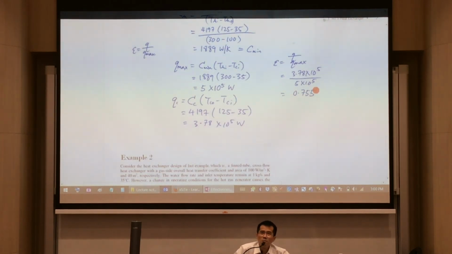This effectiveness number is more or less the kind of effectiveness you could expect from a heat exchanger. A heat exchanger is considered effective enough for heat exchanging work. So 0.755, around that region. I've seen 0.6 up to about 0.8, near to 0.9 sometimes, for heat exchanger effectiveness.